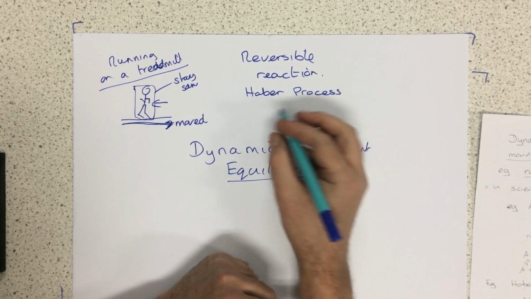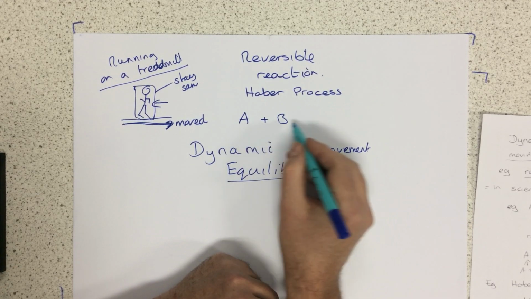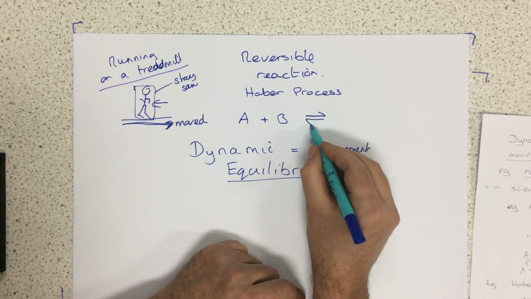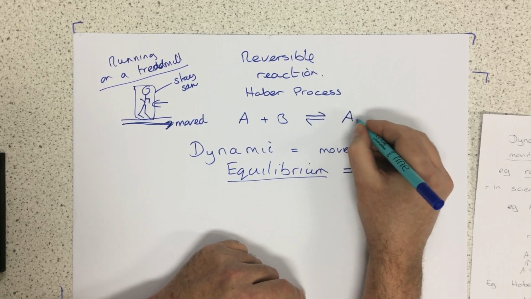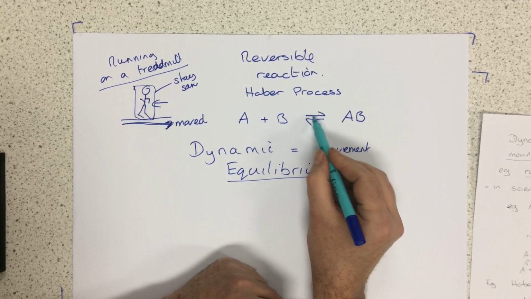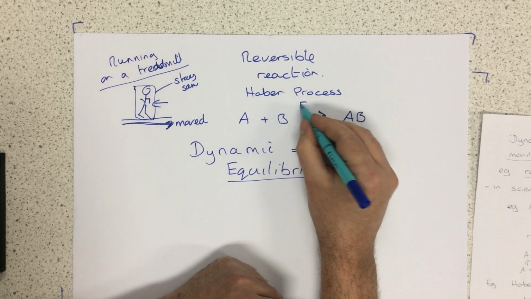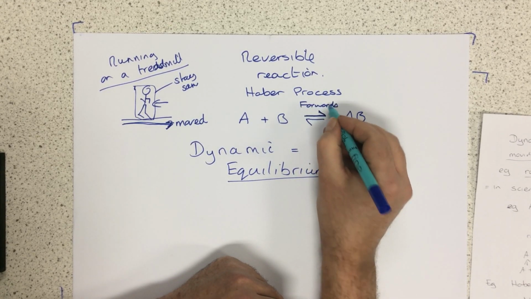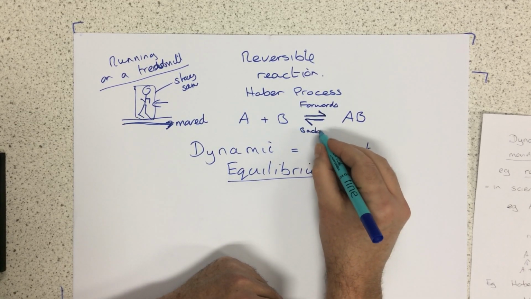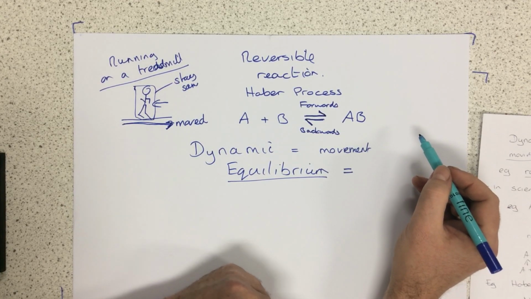But in an example of a reversible reaction, we have our reactants, perhaps A plus B, in a reaction, followed by this symbol, and then this might join together to make the compound AB. The symbol here is suggesting that there is movement in one direction, forwards, but there is also movement in the opposite direction, backwards, i.e. reverse. And that's what makes this a reversible reaction.